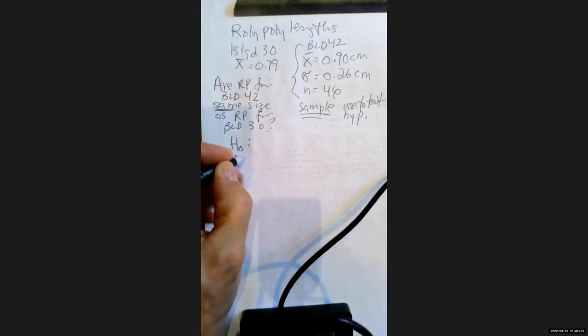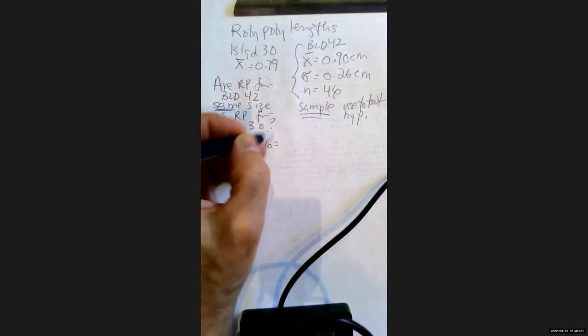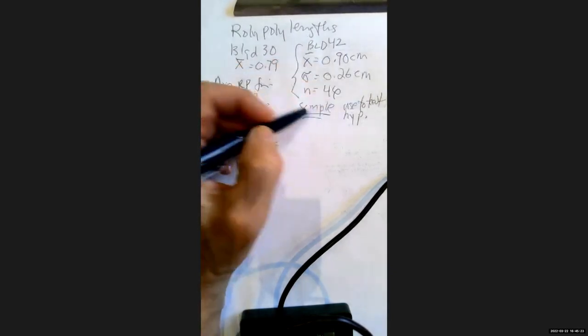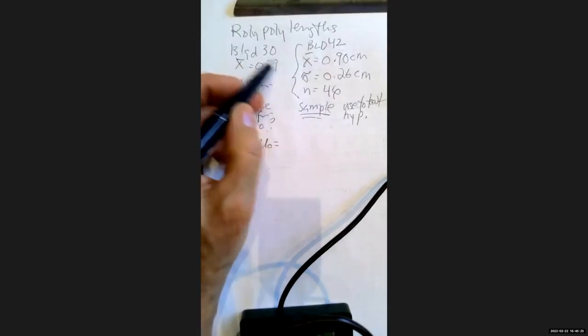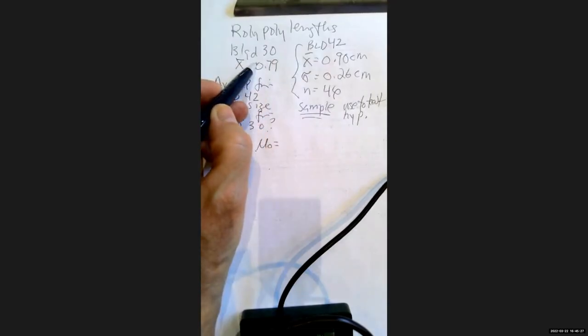So my null hypothesis is going to be that, and I'm going to use this notation, H sub 0, with a colon. My mu 0 equals, what am I asking? Are my building 42 roly-polies the same as my building 30s?